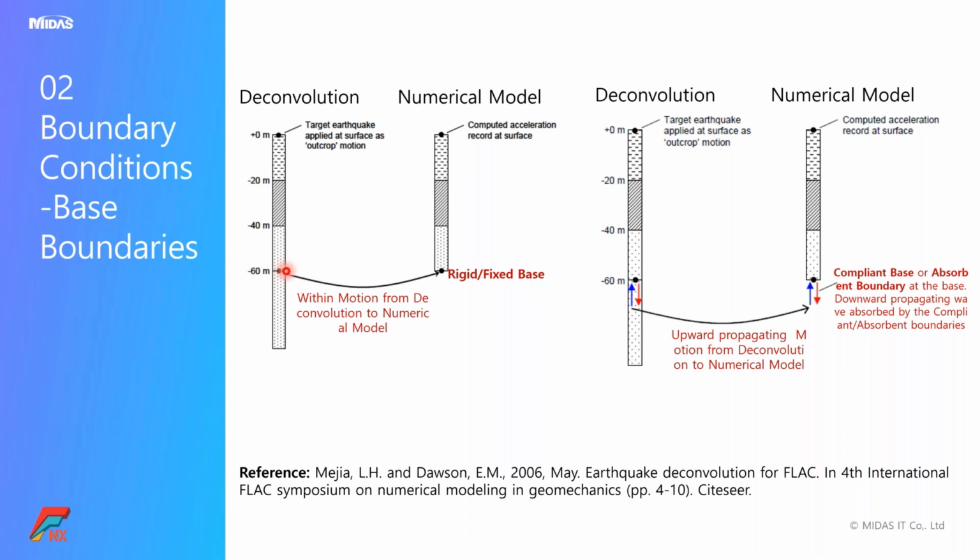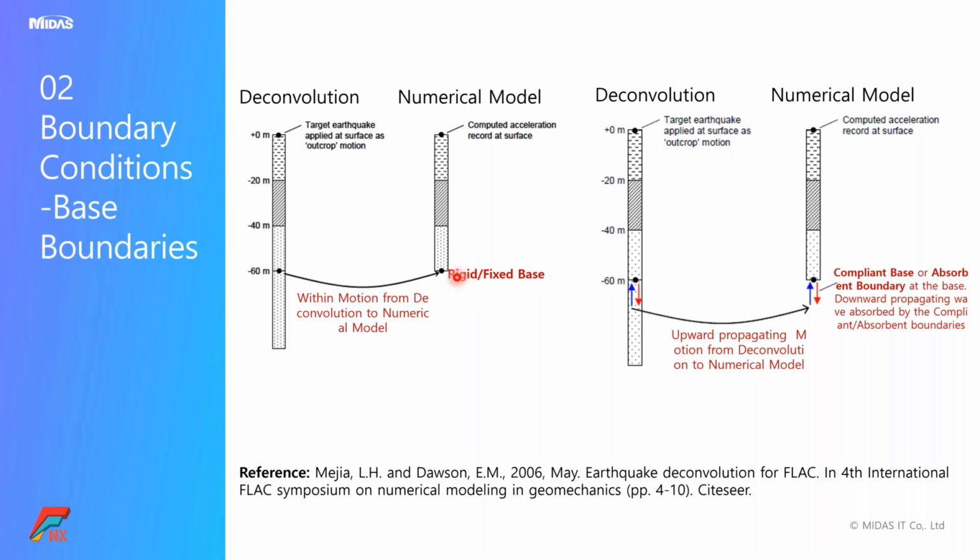At the base, after deconvolution we will have two kinds of waves. One is the within wave, and the other is the outcrop motion. If it is a within wave, we apply it at the base of our finite element model, and it should be accompanied by a rigid or fixed base.